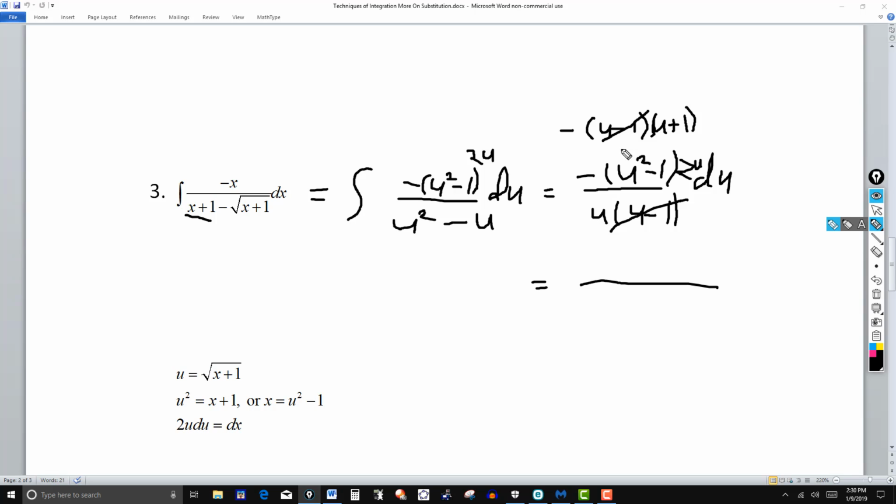Remember this replaced this factor right here, so let me just mark this off here. So I have left then a minus, and then 2u times u, that's u squared, minus 2u squared. And then minus times 1, minus 1, then times the minus, the 2u, so it's minus 2u all over u.